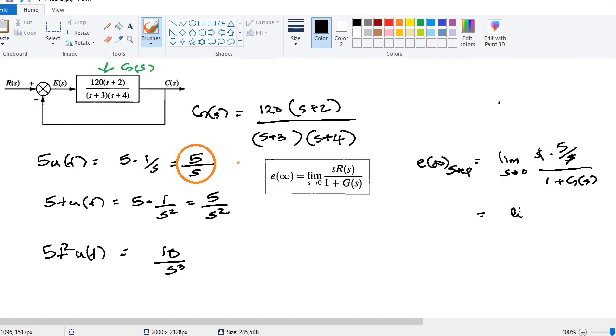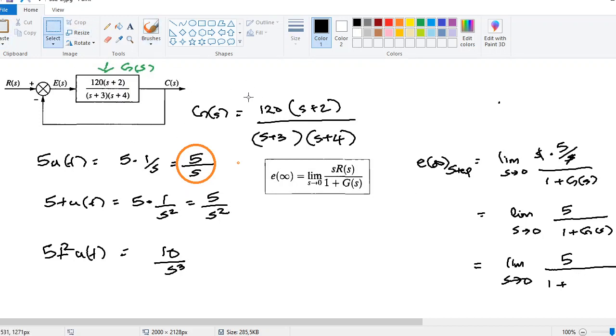You have limit s tending to 0, 5 divided by 1 plus G of s. Right. Now we substitute limit s tending to 0, 5 divided by 1 plus this term here, that is 120 into s plus 2 divided by s plus 3 into s plus 4.